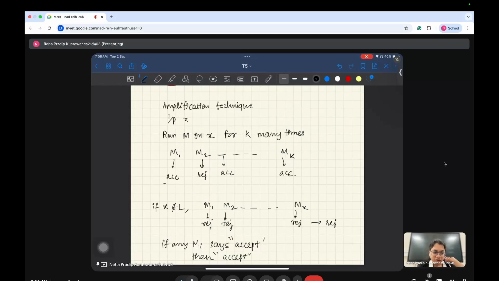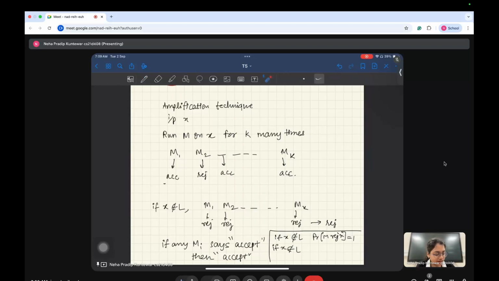So what is the correctness probability now? If x is not in the language, then it's always going to reject, and therefore we are also going to reject. So this probability is not affected. The probability that M rejects x is still 1. But if x is in the language, then what is the error probability?